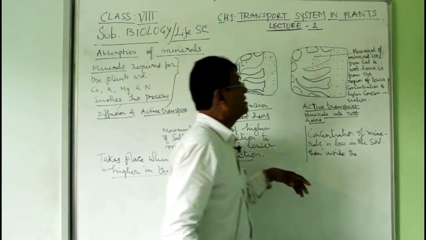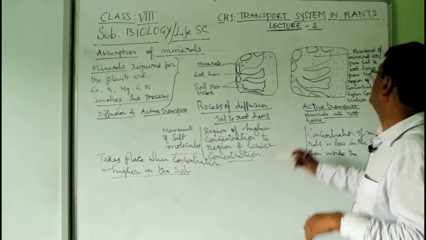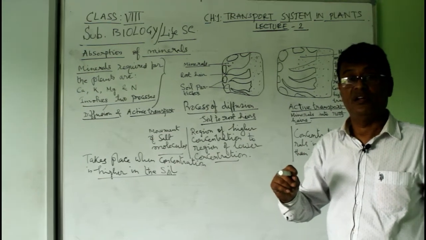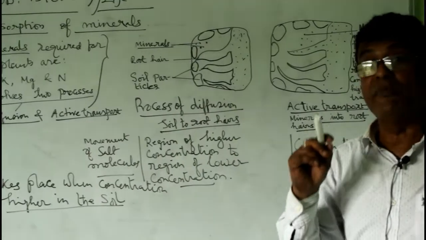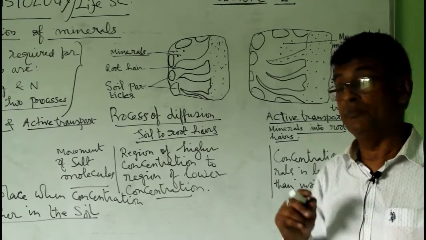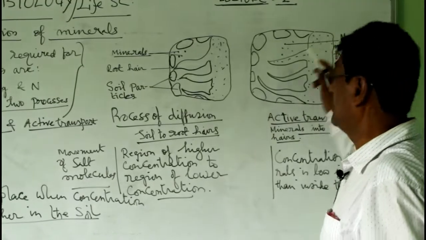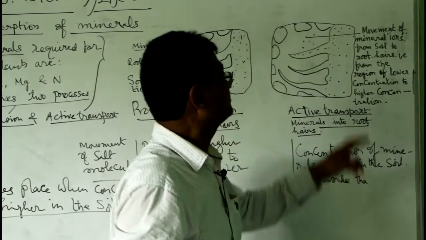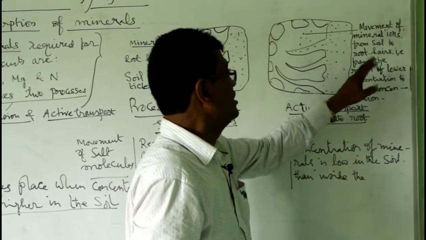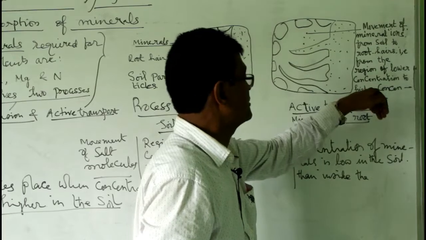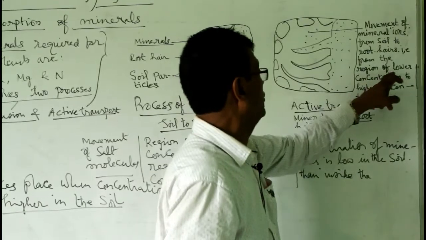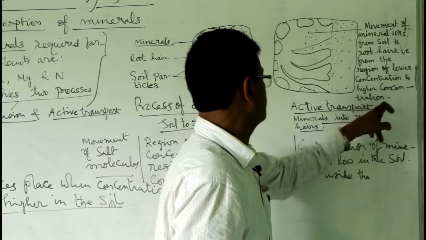The other part is the movement of mineral ions from the soil to the root hairs, that is, from the region of lower concentration, meaning in the soil the concentration is lower, to the region of higher concentration.